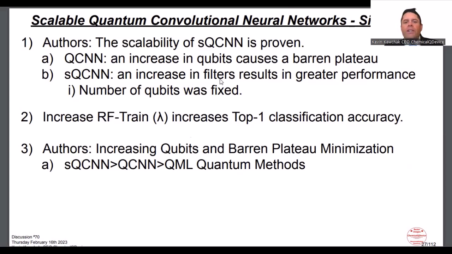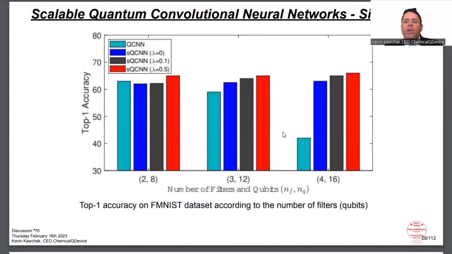So this is using an increase in filters with a fixed number of qubits for greater performance. And this lambda number, this RF train, increases the top one classification accuracy. In other words, their RF train increases classification. And then in general, their SQCNN is going to do better than the QCNN, than a traditional quantum machine learning method, in regards to barren plateaus. So here's lambda.